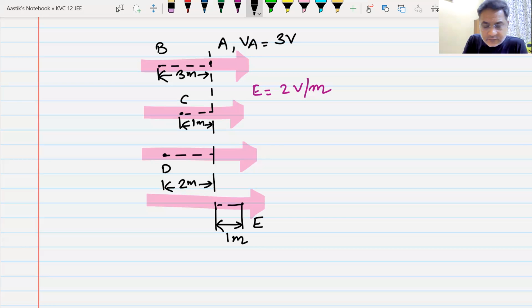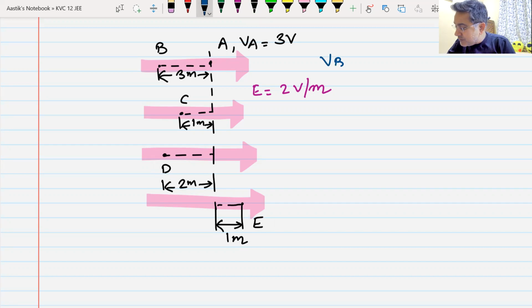Yes, anyone? Okay, out of B and A, which one is at a higher potential, A or B? B, sir. Please remember that. Don't forget it. Electric field always goes from higher to lower.